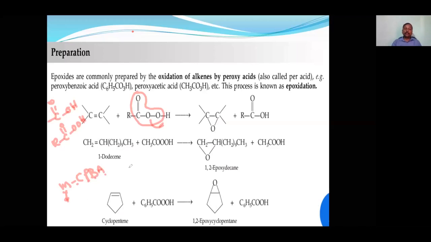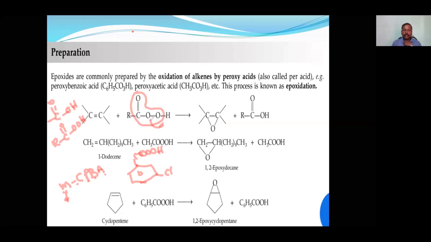Benzoic acid, peroxybenzoic acid. This is benzene and this is peroxy, COOH. Metachloro, m-chloroperoxybenzoic acid. This is used for epoxidation.